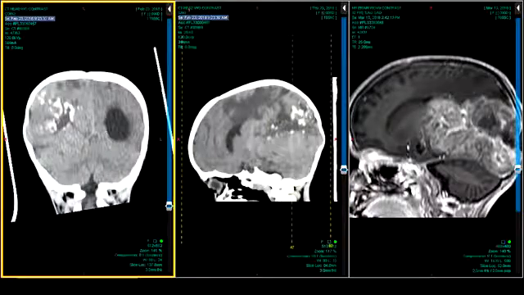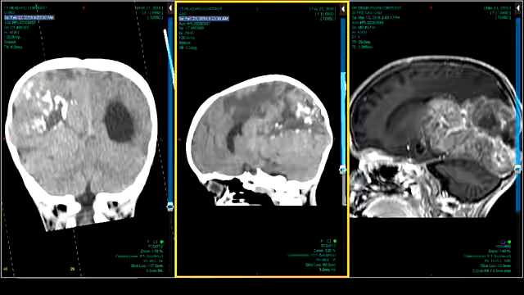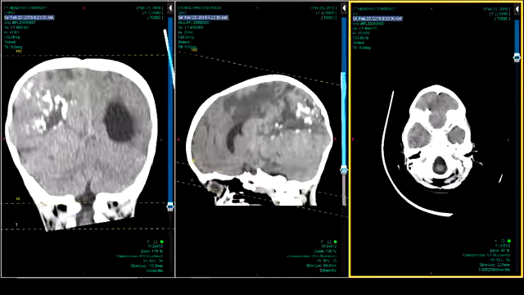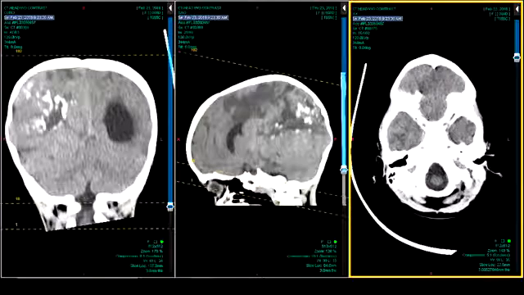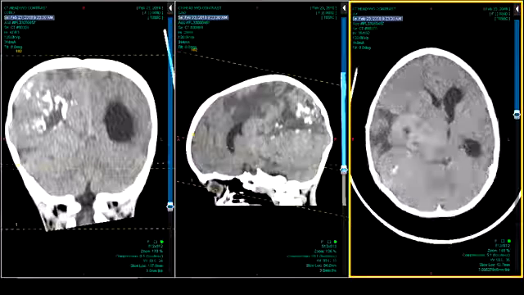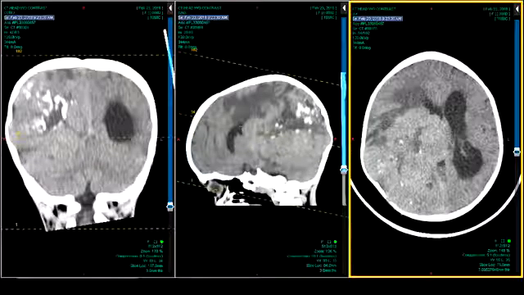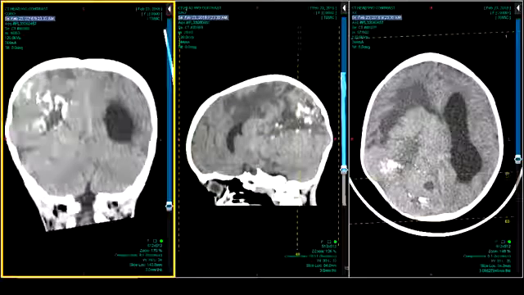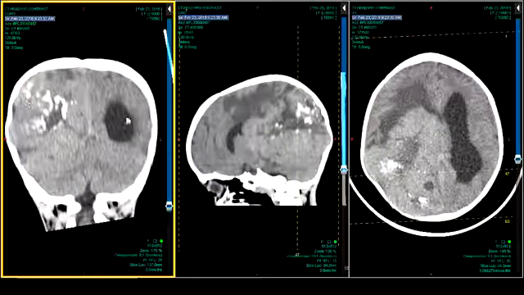A lot. A lot. And typically the calcification, it wouldn't apply here, but for you adult radiologists, typically the calcification of an oligo is very branching. This has some branching characteristics to it, but the rest of it is more or less random. But this is what oligo calcification would look like.